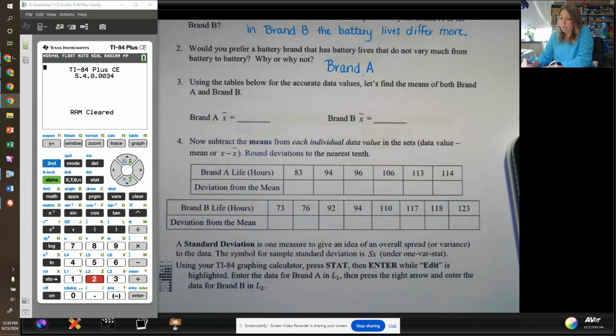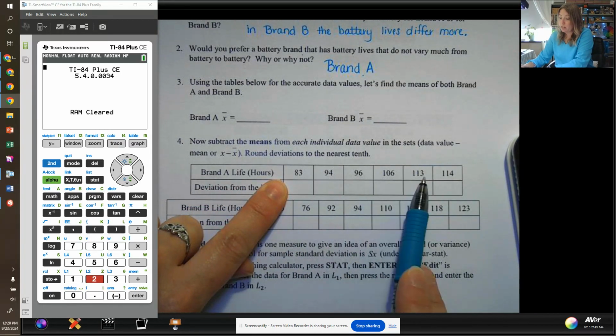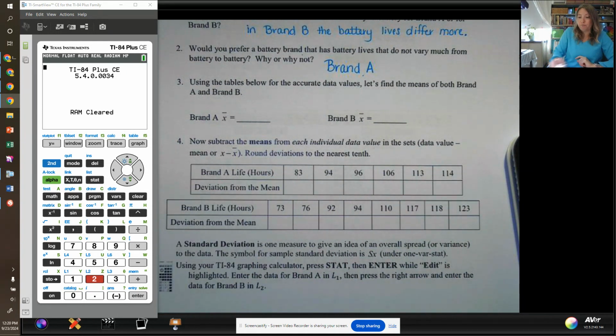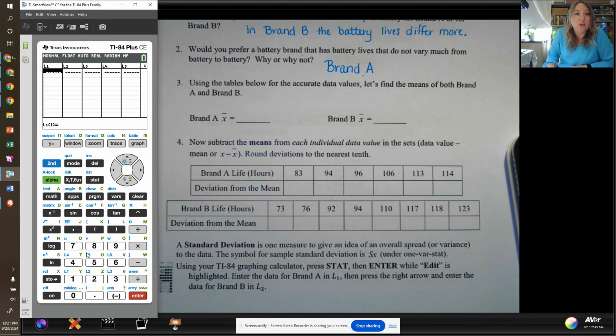All right. In battery brand A, let's plug in these actual values into L1 in our graphing calculator. So grab your graphing calculator. Here's mine. And press Stat Enter to get into L1, and let's type these battery lives in hours into L1. And so I'm getting all these into L1.